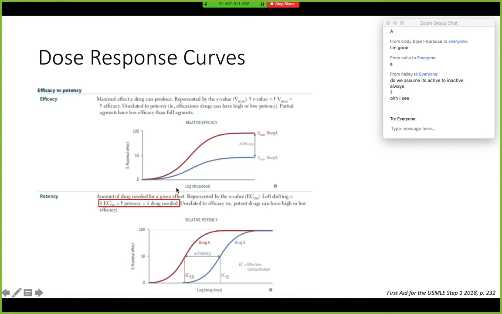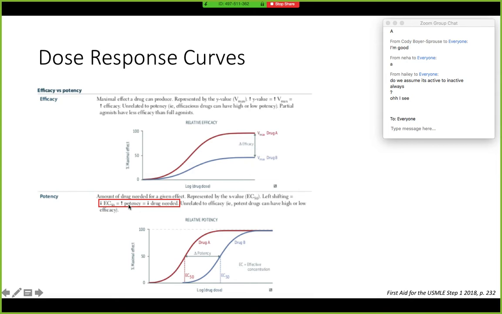So this here is a big concept to understand: the difference between efficacy and potency. When you talk about efficacy, that's the maximal effect that a drug can produce. So this is the drug's Vmax.